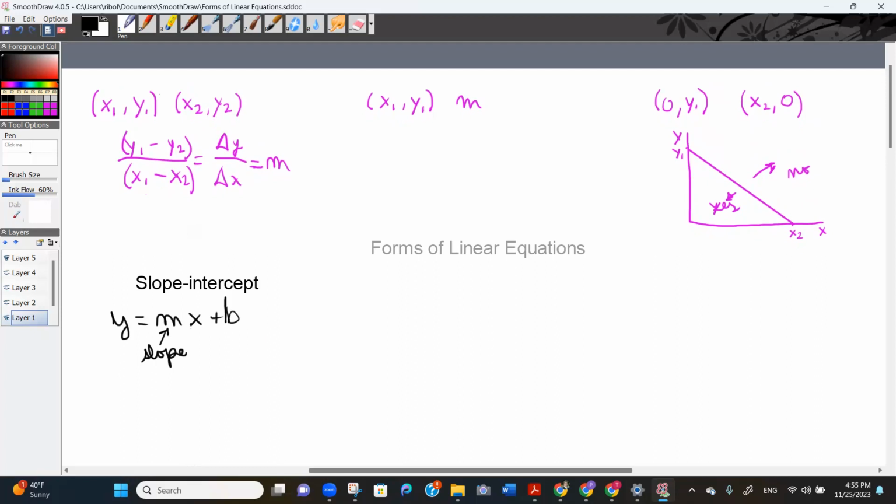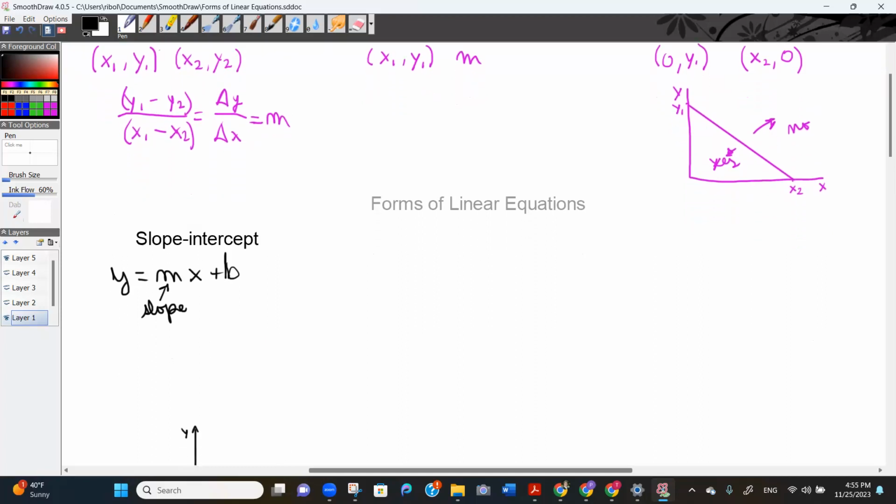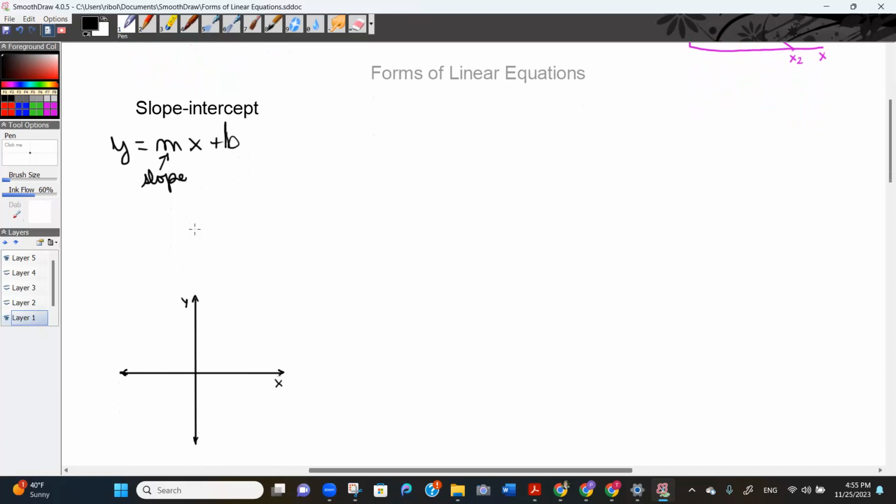If we can figure the slope, or we are given the slope, we can easily get this equation going. And then this value of b is going to be the y-intercept. If we are going to graph this, b is there where x is 0.